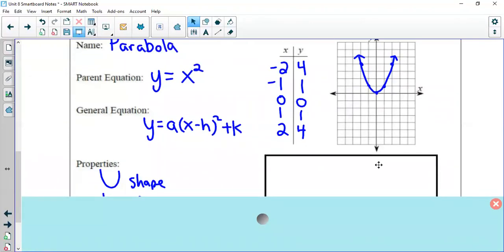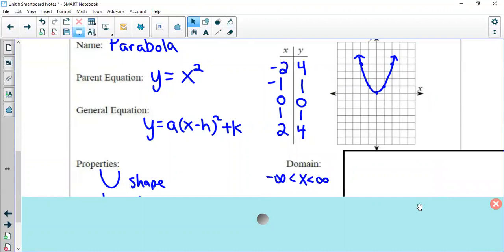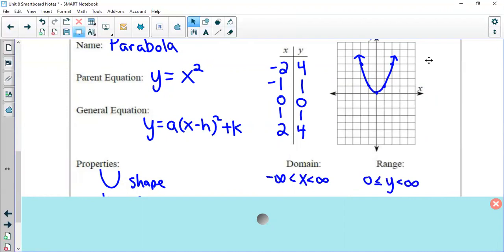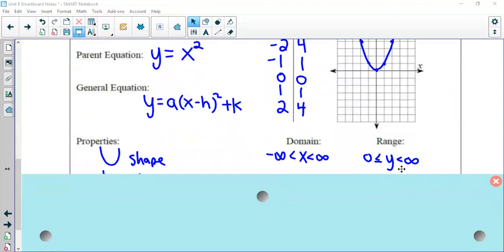If we're looking at that domain and range, the domain, it goes left forever and right forever. So negative infinity is less than x, which is less than infinity. And my range now, it only goes down to 0. It touches 0, so 0 is less than or equal to y, which is less than infinity. And it goes up forever, which is how we get this infinity.